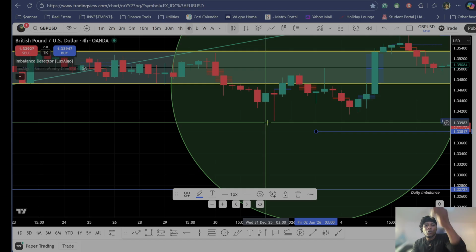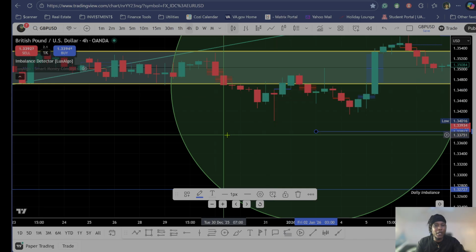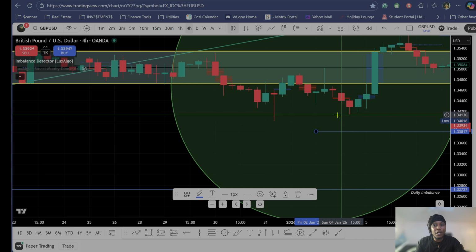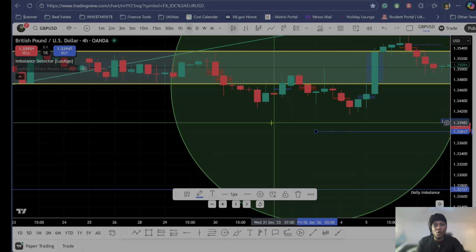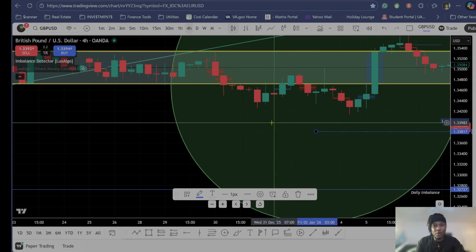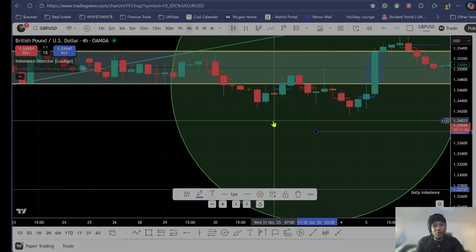All right, so this is buying pressure, because the market pushed all the way down and buyers pushed it all the way back up. They came back and created a higher low. This low is lower than this low, so it's creating a higher low than this one.